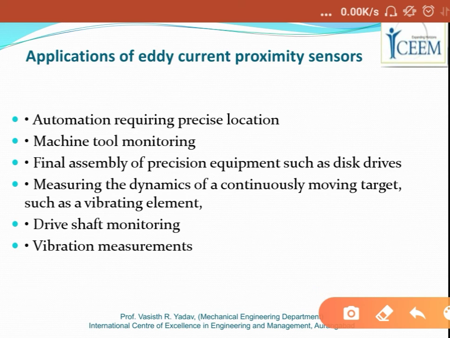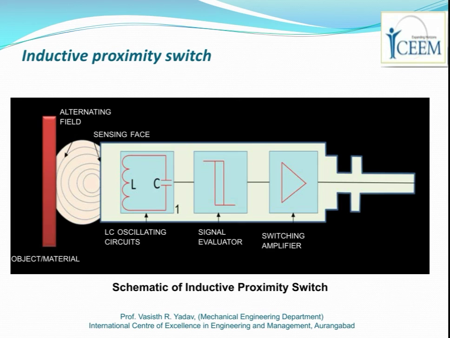So we have seen the construction and the principle of working of eddy current proximity sensors. Let us move forward and discuss one more proximity sensor, that is the inductive proximity sensor.